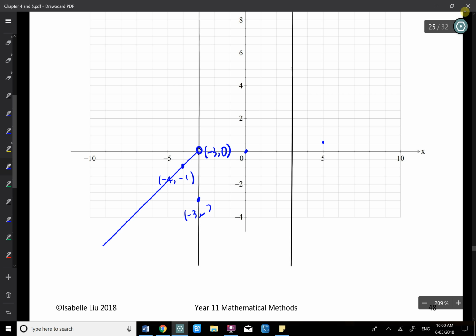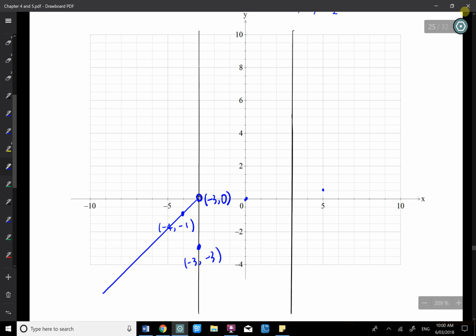And also that's a closed circle, just a closed dot because I can actually take that point. Also, I will have 3 and 3. That's the other endpoint as well, and I can take that as well. So that's a linear as well. So I will connect those 3 points here to draw the linear.